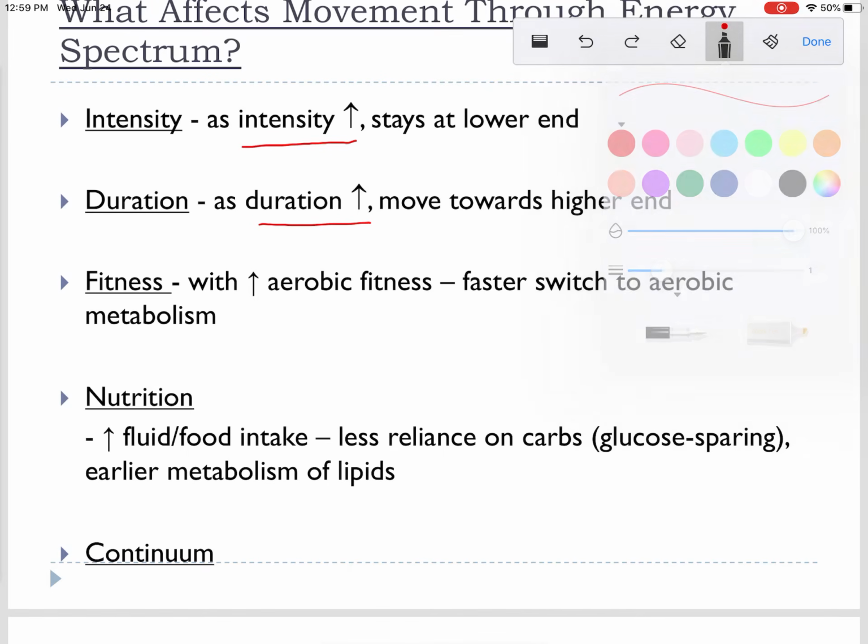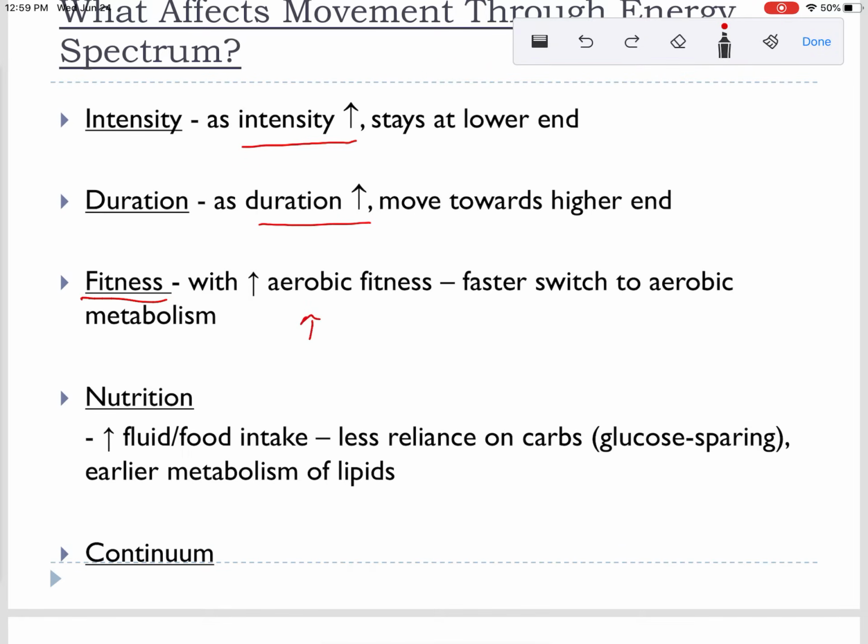The last thing I want to add here is fitness. The better fit you are, the more in shape, you will more quickly move into the aerobic metabolism means.